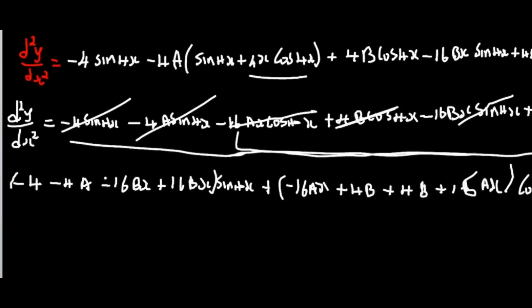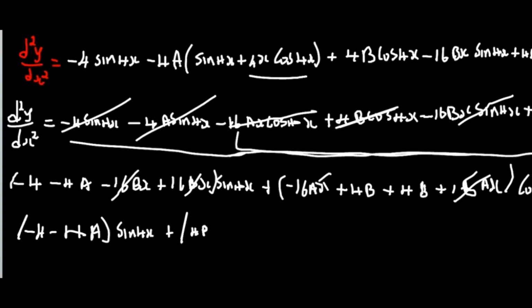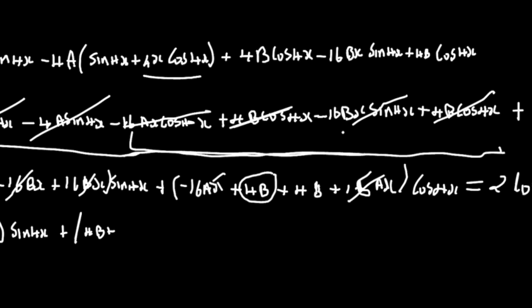Now we just have to further simplify this because we see things cancelling out. Here we have minus 4 minus 4a, all that sine 4x. I'm a bit afraid here. Is it 4b? Let's look at it again.